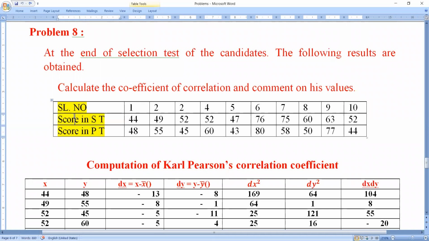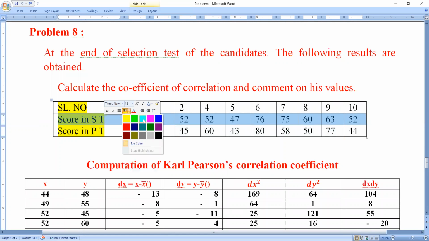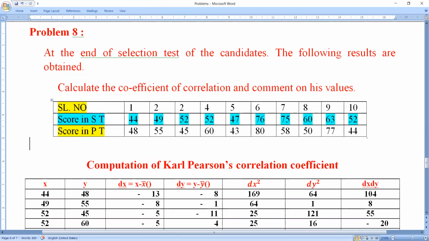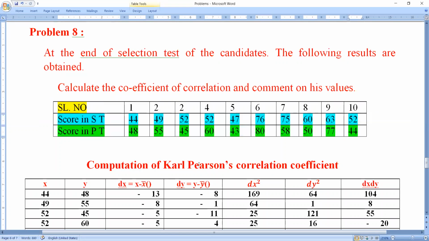In these 10 values, first we take into consideration the scores in ST, this is the X series. After that, the scores in PT. Scores in PT is the Y series.